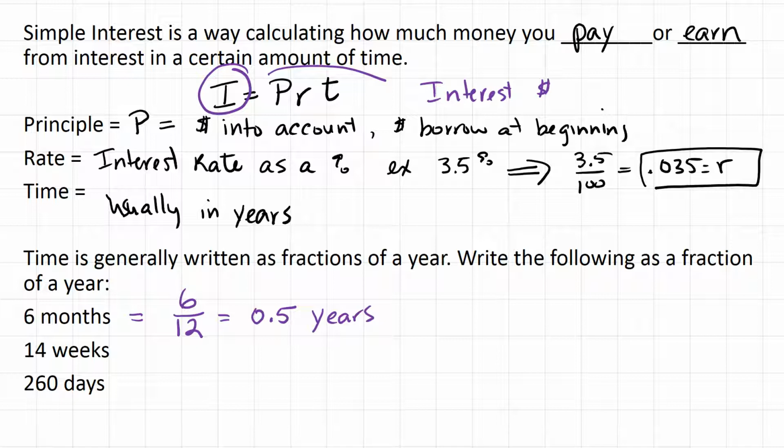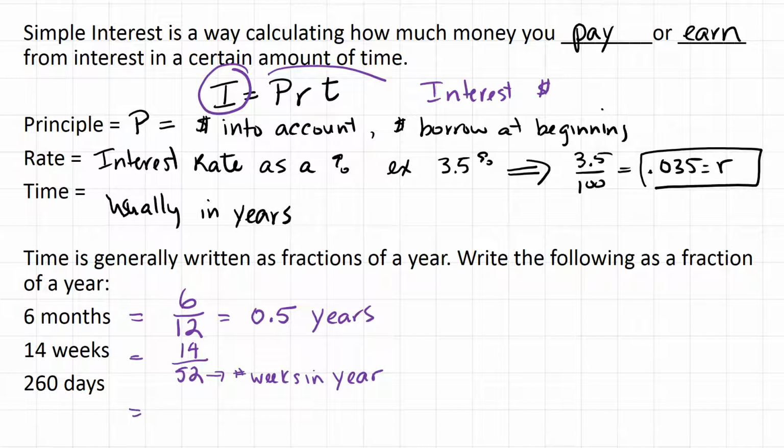Time could also be measured in weeks. So how many weeks are there in a year? So if there's 14 weeks that you're going to be paying for the interest out of a total of 52 weeks in a year, this is the number of weeks in a year. And if we're going to measure things in days, we've got to compare it to how long a year is in days.